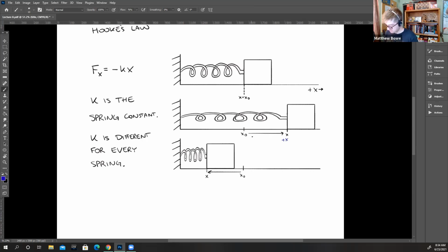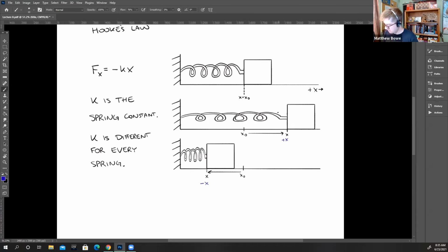And the difference between the two, how you're moving this, would make this a positive increase in distance. Looking at the compressed spring, this over here would be a negative X value. You're moving it to the left of its natural zero point.